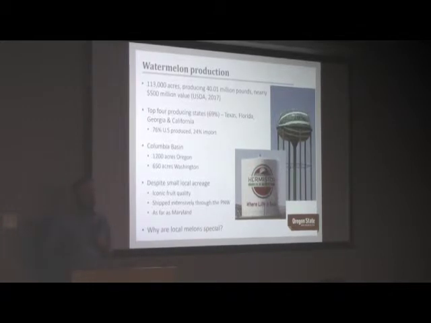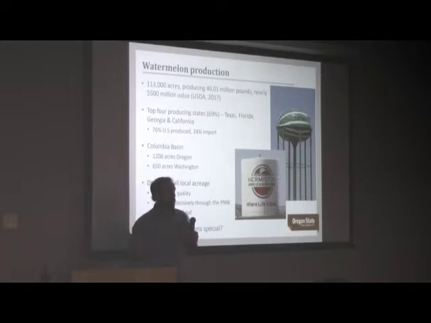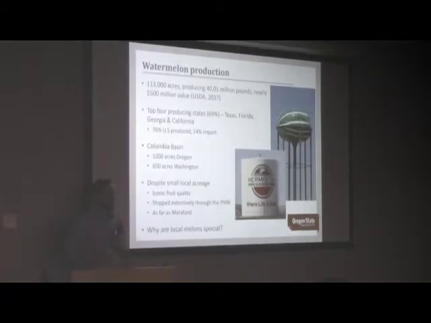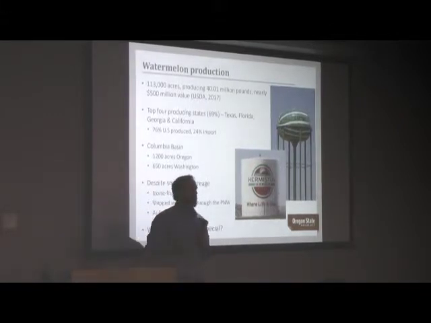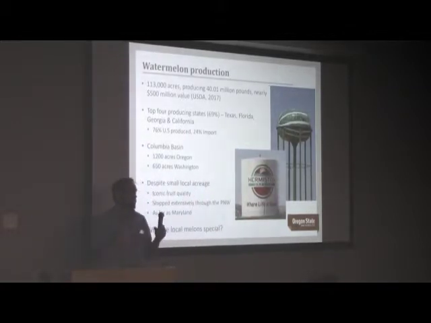But despite the small acreage in this area, we have very well-known fruit, the iconic fruit, essentially a branded Hermiston melon. And so these are shipped extensively throughout the Pacific Northwest, and some of the growers send them as far as Maryland. So for a small region, we're shipping melons a pretty large distance.